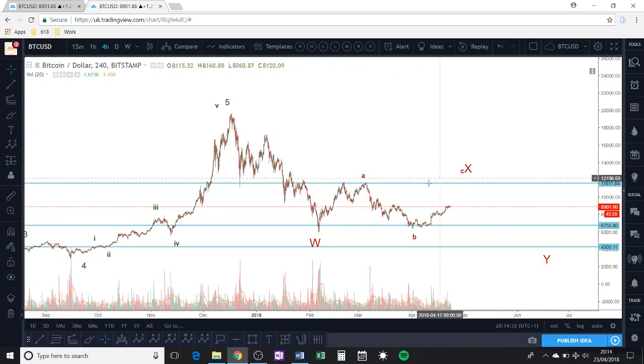I would not be surprised if this upper trading range gets tested again. However, I wouldn't be surprised if it rolls over sooner, just because I'm seeing 5 waves up already. Basically, if C needs to be 5 waves, and I'm struggling to see if we already have the 5 waves up.